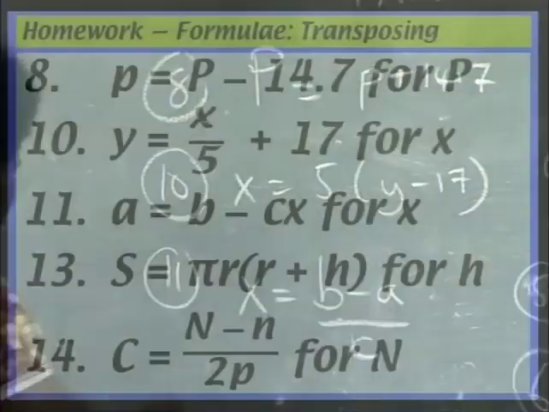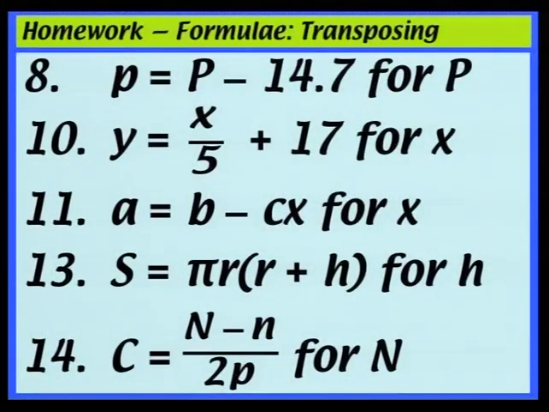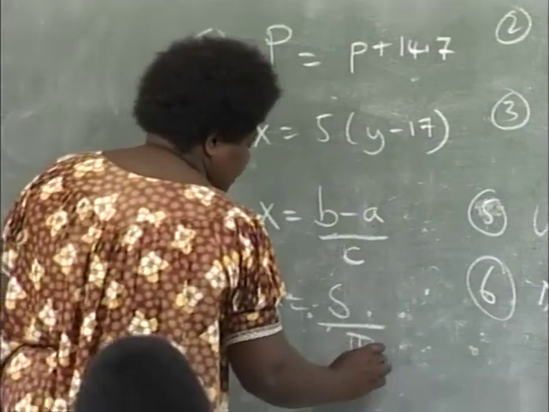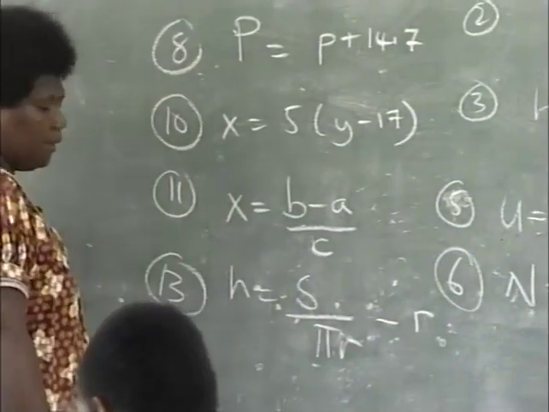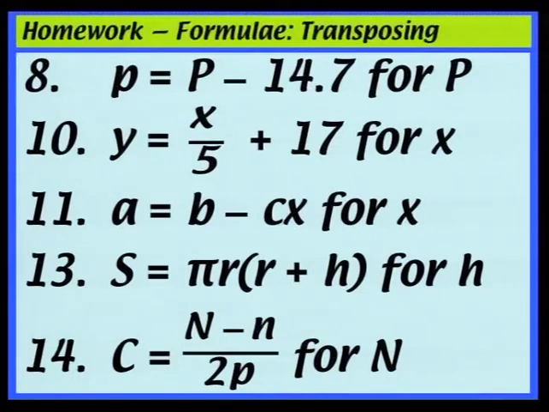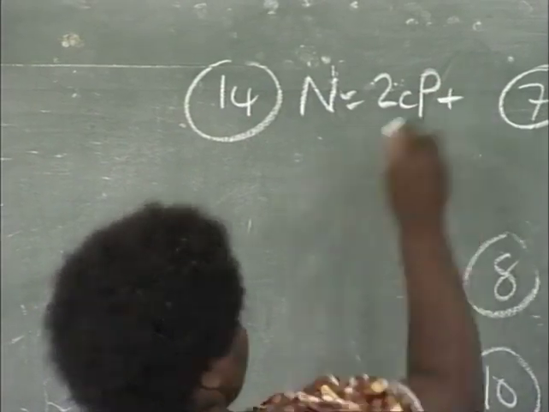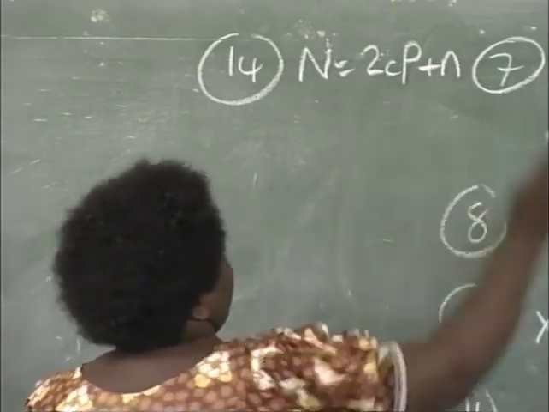Number 13, Ekoi. H equals S over pi r minus r. Okay. Number 14, Chutaili. N is equal to 2CP plus small letter n. Okay, correct.